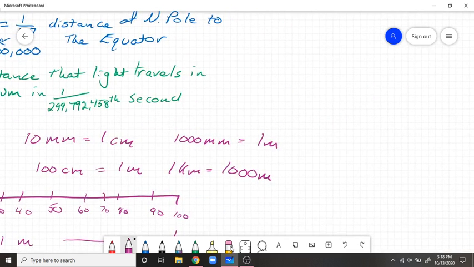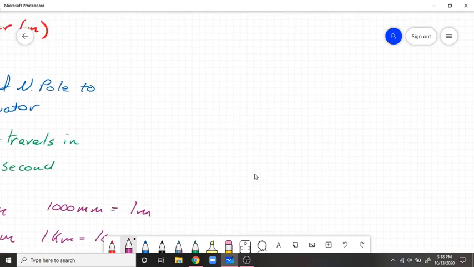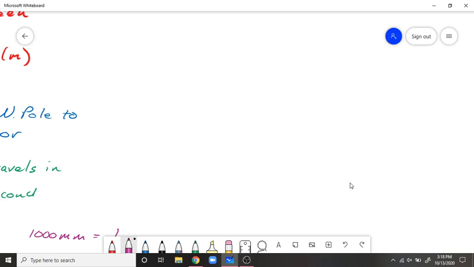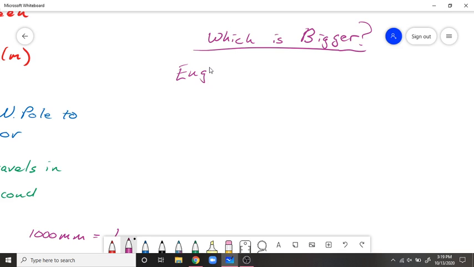Then I asked you guys, let's compare English units to metric. And I asked which is bigger. Here are my English units. And here are my metric units.